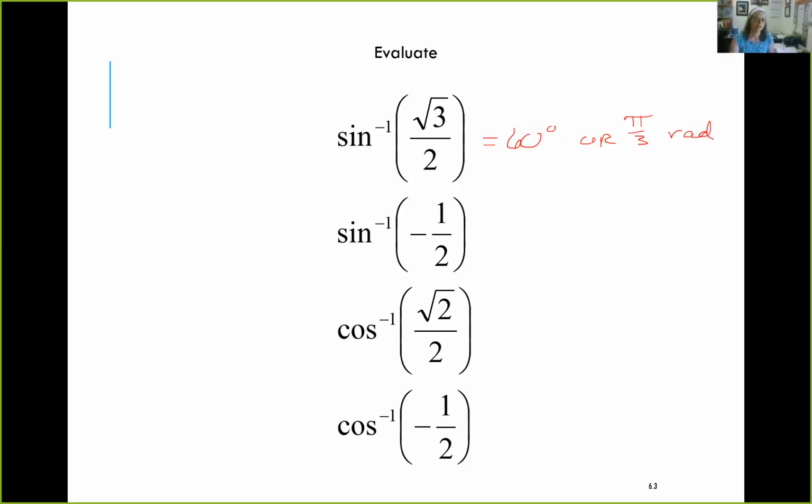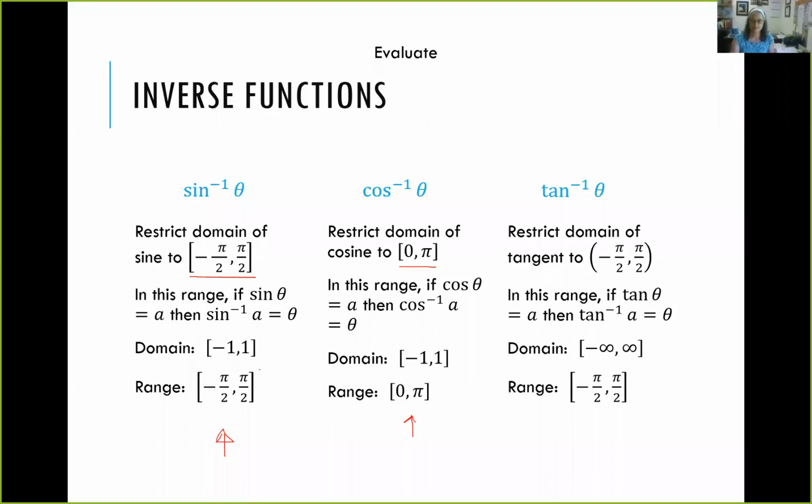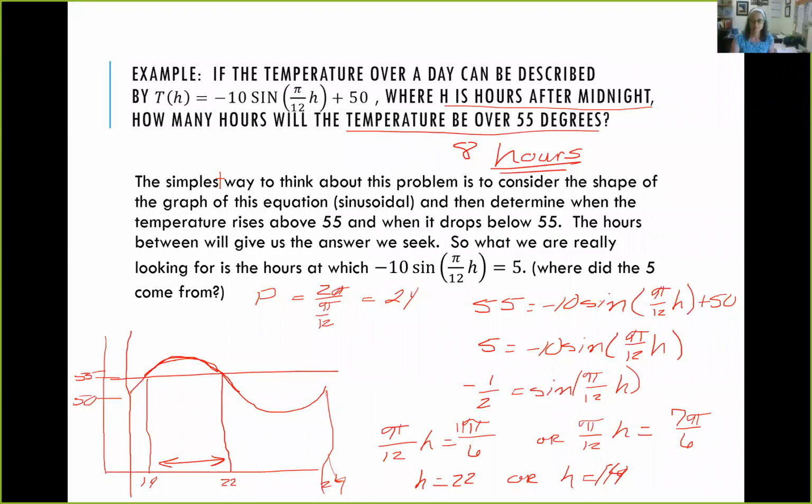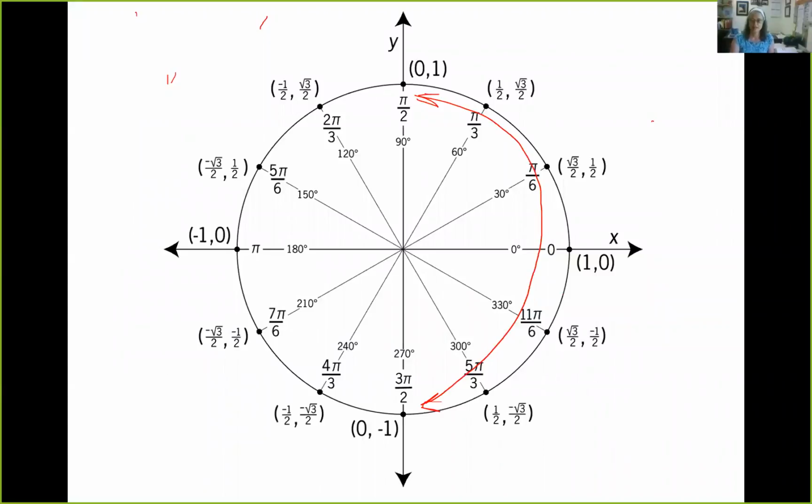Okay. How do we find the inverse sine of -1/2? Again, consult our unit circle. Inverse sine of -1/2 is 330 degrees.